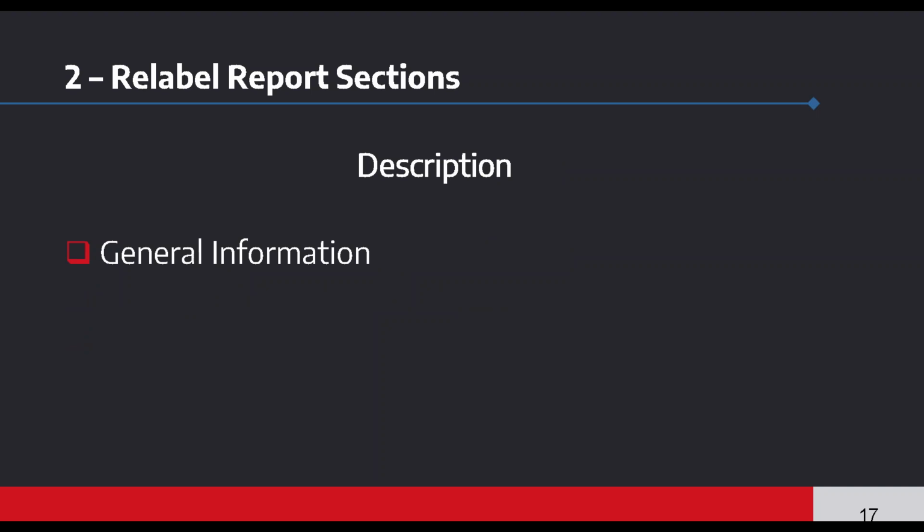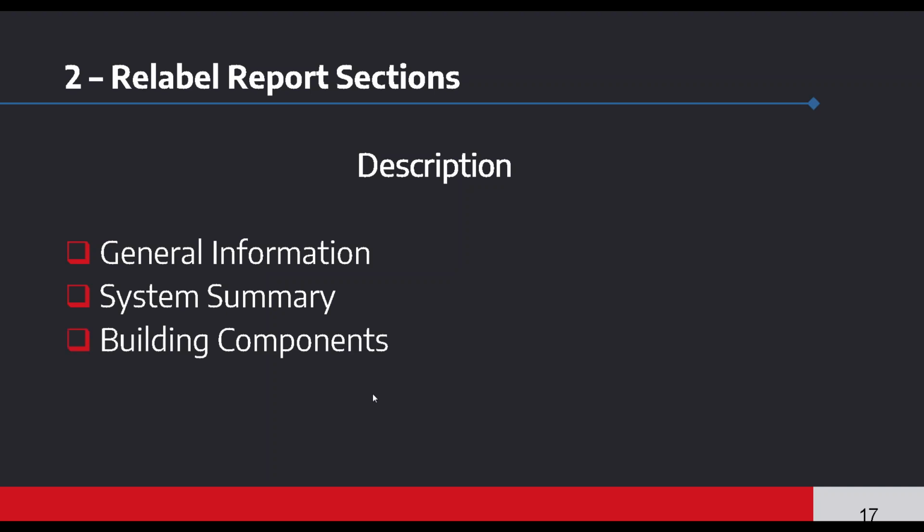We're talking about if it's an asphalt shingled roof, but not any general concerns of it, or if it's 100 or 200 amp size. So it's pretty much general info to me, and for the most part, it's general info to the client. So I tend to think of it as general information. System summary is another one that I've seen, and even building components.